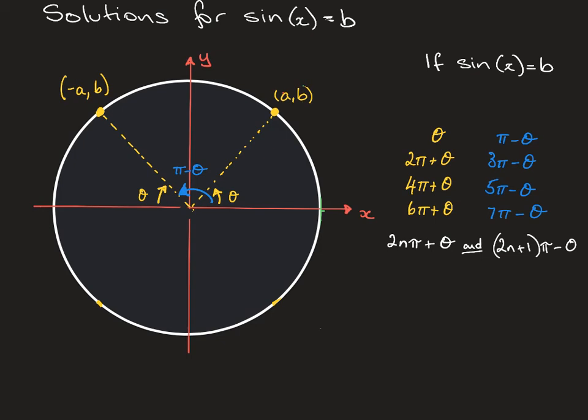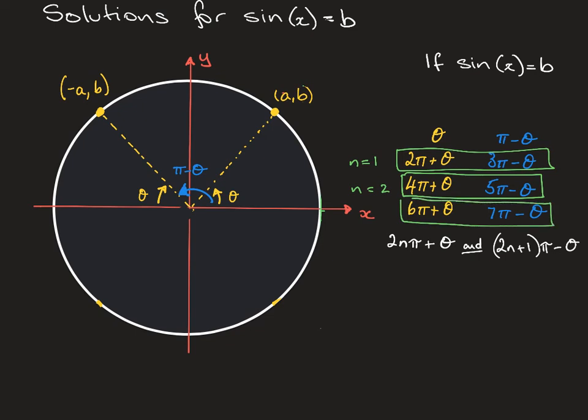And that generates each pair of numbers. So for this pair here, n is equal to 1, because 2 times 1 gives you 2, and 2 times 1 plus 1 gives you 3. For this next pair here, n is equal to 2. For this next pair here, n is equal to 3.